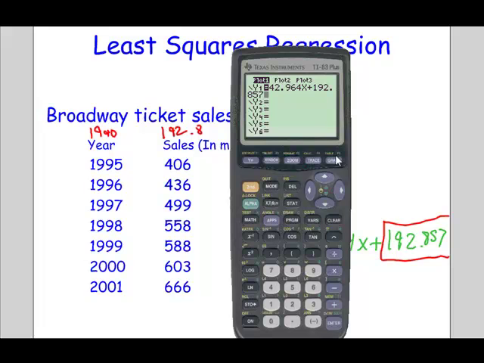If we graph that, you'll see, look at that, pretty close. So our calculator tells us this is the best fitting line to our data. Alright? So that process I just went through is important for you guys to know. Go back and check it out if you need to. You need to enter the lists of data, and then you need to graph it, and then we go to stat, and we calculate the linear regression, and it will give us the information we need.